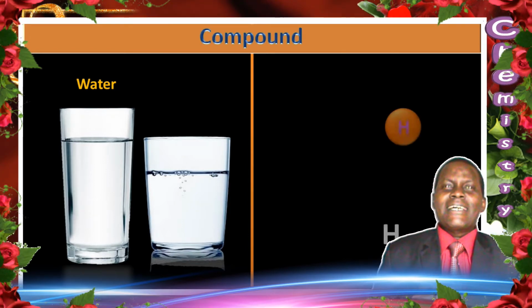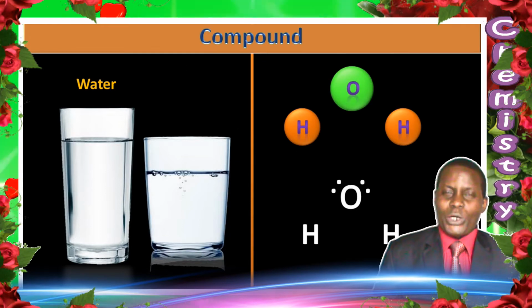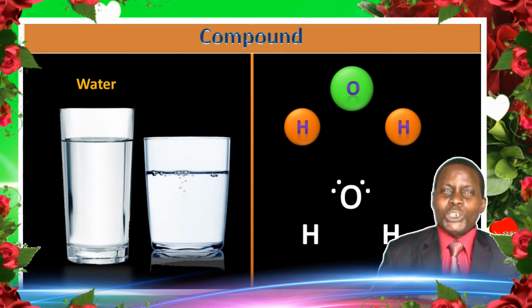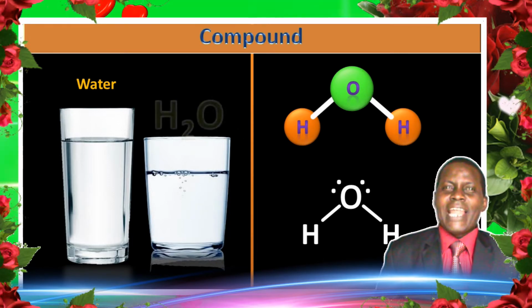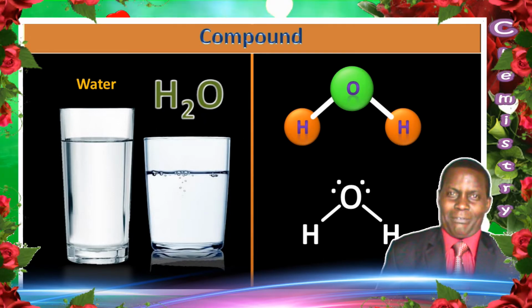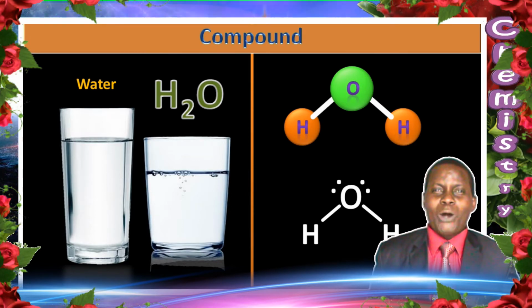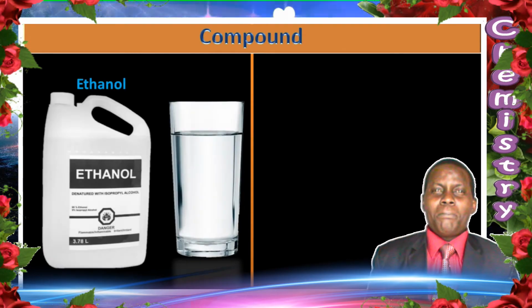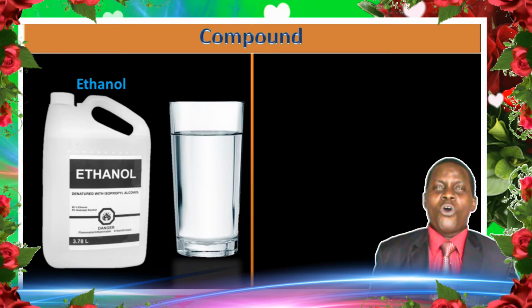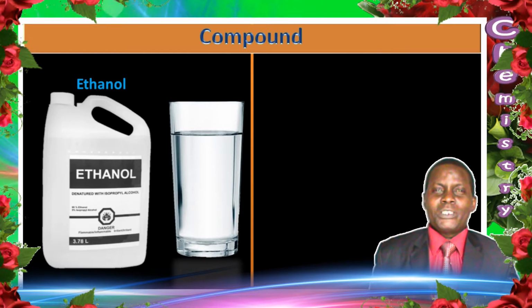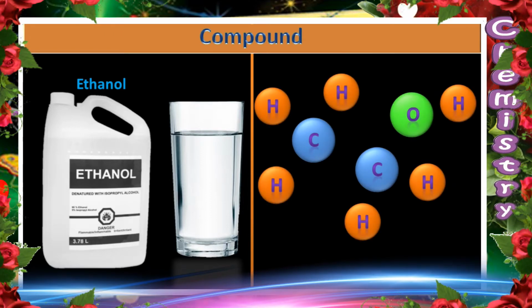Water is a compound which is made up of two elements, hydrogen and oxygen. These two elements are chemically combined and they form water as a compound. We have more compounds, for example, ethanol is a compound consisting of three elements, which are carbon, hydrogen, and oxygen.